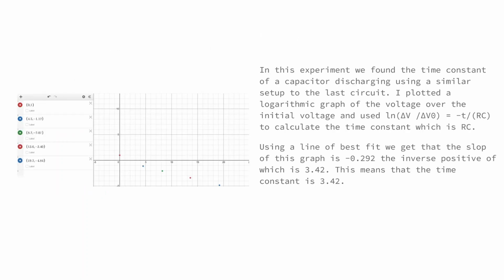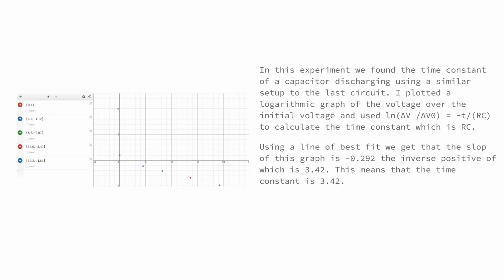I plotted a logarithmic graph of the voltage over the initial voltage and used ln of the voltage over the initial voltage equals negative time over RC, which is the time constant.